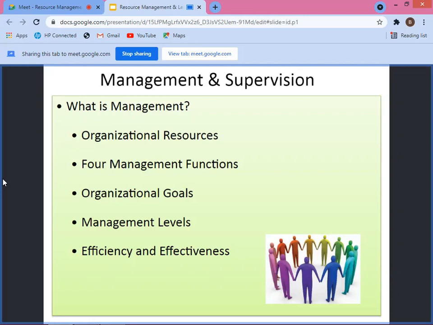Then management levels. We should understand the management levels because there are different levels of leadership, different levels of managers, and they work together as a team for the common goal of the organization. Then, most important, key performance is efficiency and effectiveness.